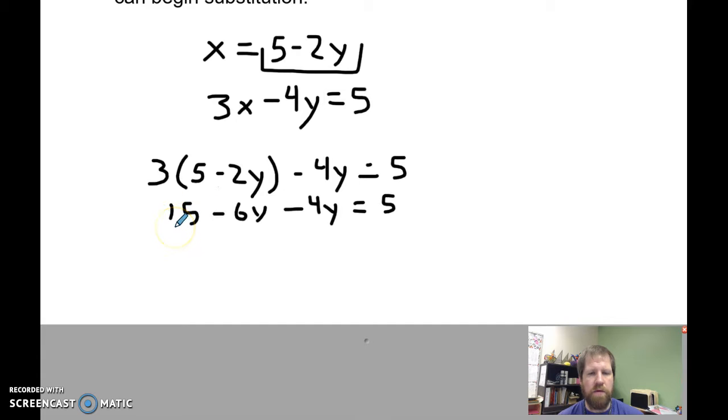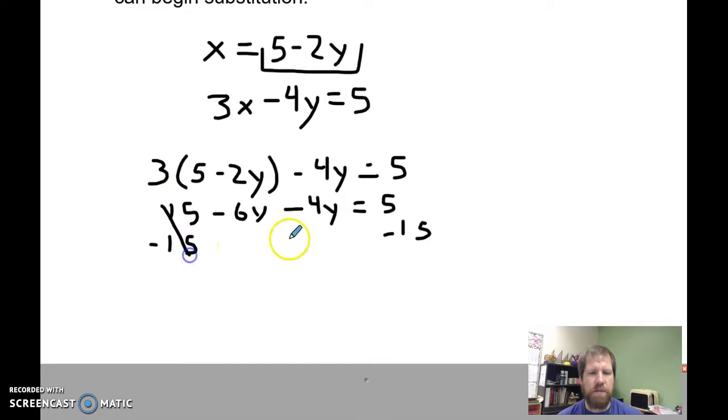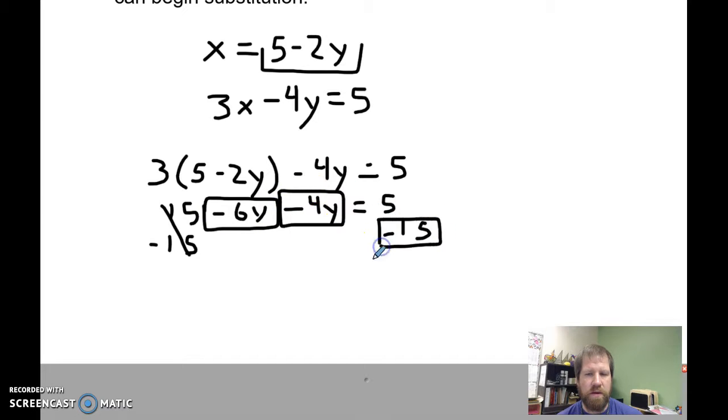I'm going to move my constants to the other side, so put all my like terms together. So I'm going to subtract 15. Be careful with this, because I saw a number of people make a mistake on it. When I bring this down and rewrite it, make sure you include that negative sign. Remember, the sign to the left travels with the term.